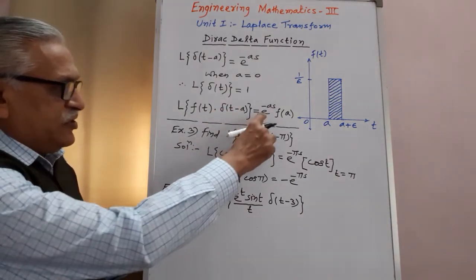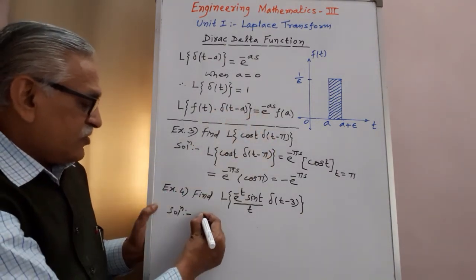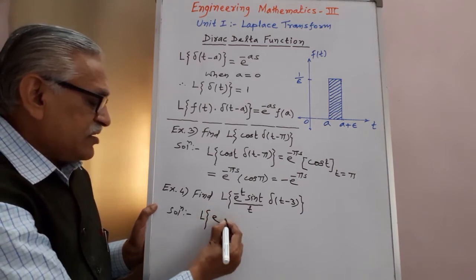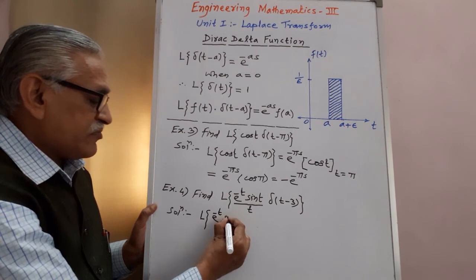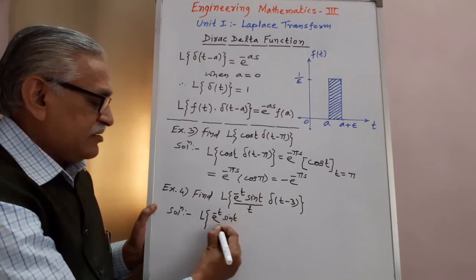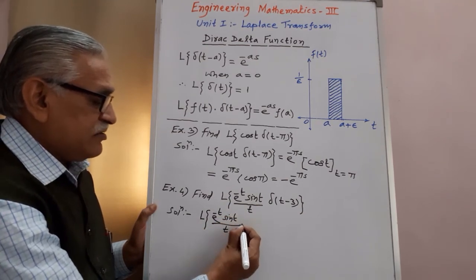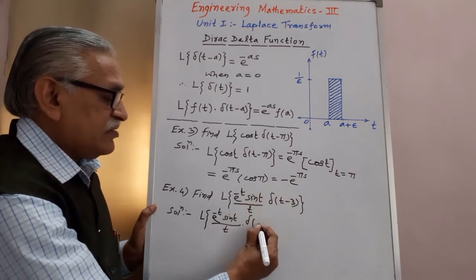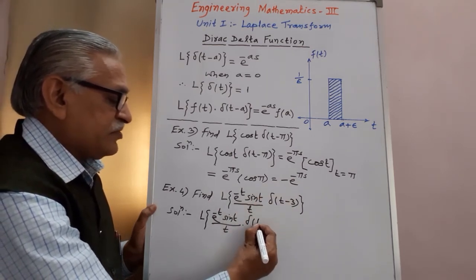Using this result, we have the Laplace transform of that function, e raised to minus t sin t divided by t multiplied by the Dirac-Delta function delta of t minus 3.